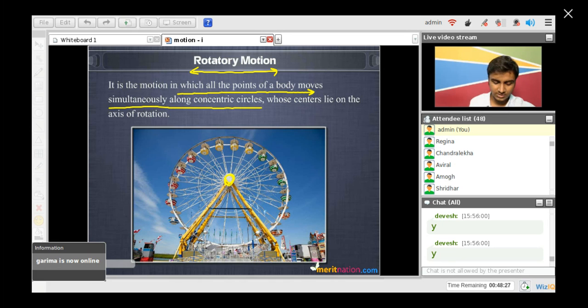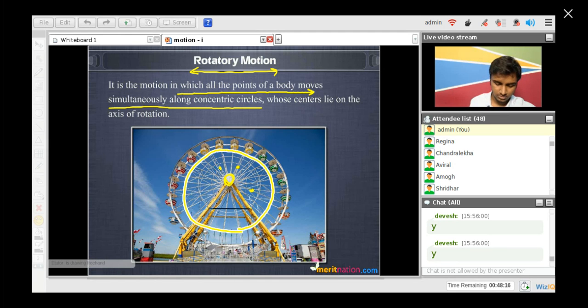You can see that, let's say, these are some points. This is one point, and it will move across this circle. Now if I draw another point, this point moves along this circle. So all the points move in concentric circles. What is a concentric circle?